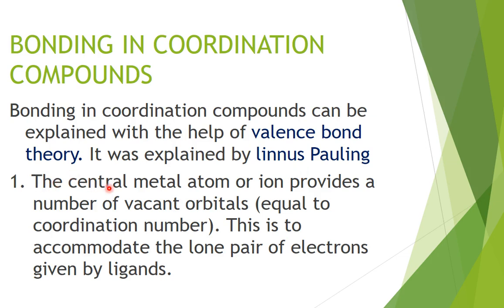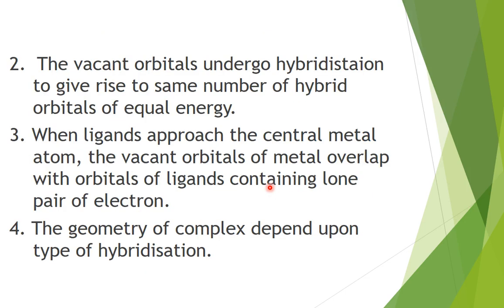Number 1. Central metal atom or ion provides a number of vacant orbitals equal to coordination number. This is done to accommodate the lone pair of electrons given by ligands. Those vacant orbitals undergo hybridization to give rise to the same number of hybrid orbitals of equal energy.